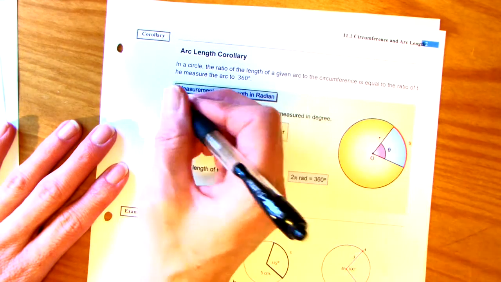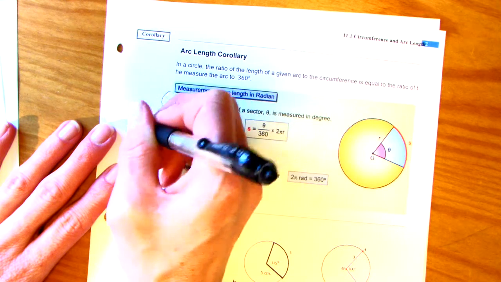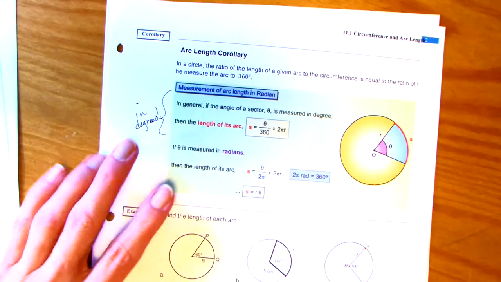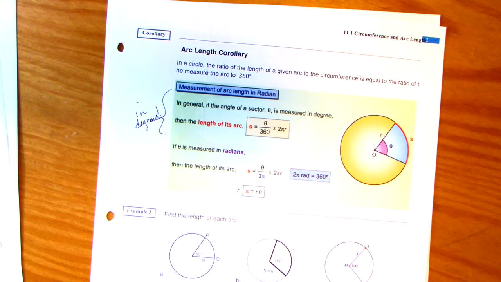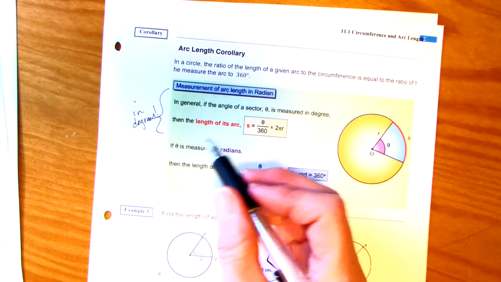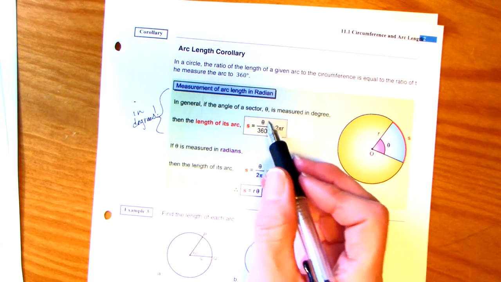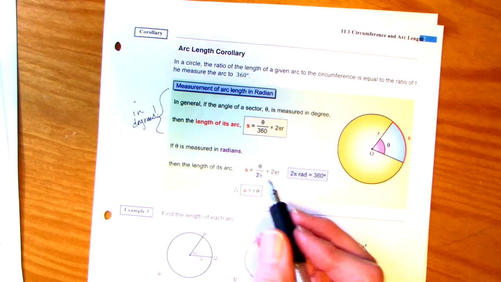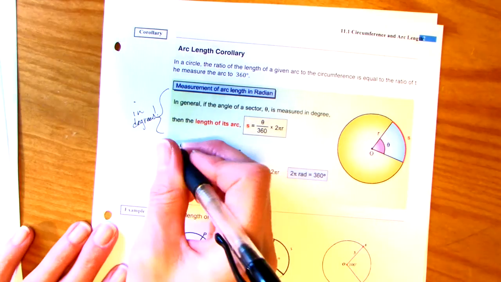It's got to be in degrees. The reason I point that out is because when you are taking upper level math, everything will be measured in radians. So if it's measured in radians, this is your formula. This one would be in radians.